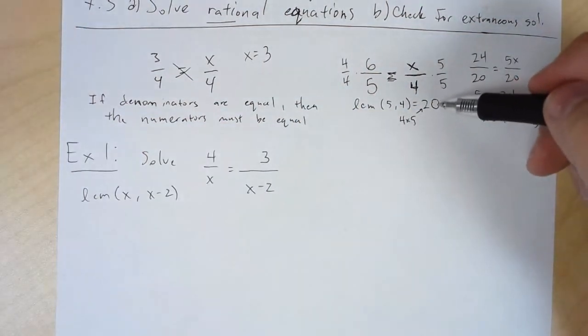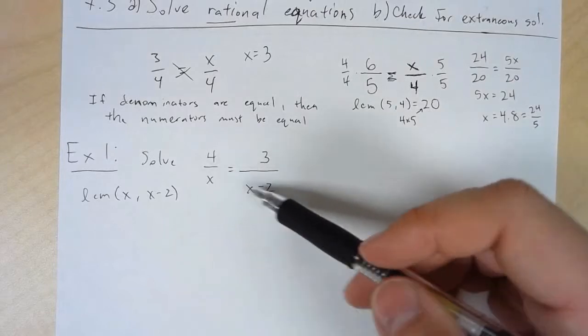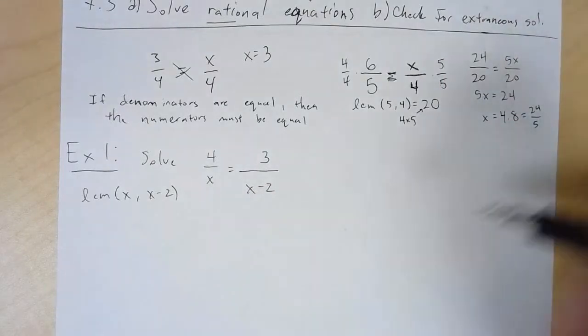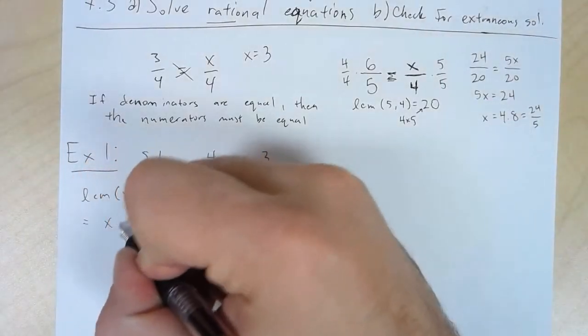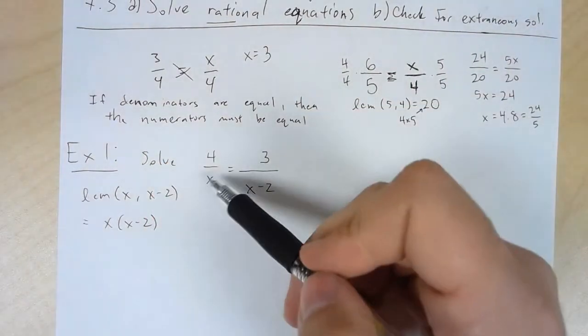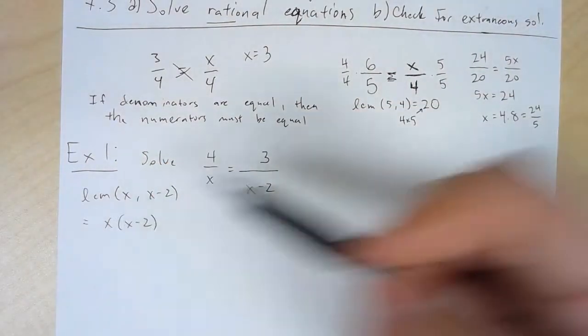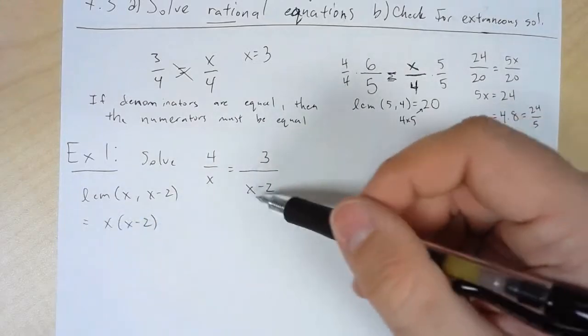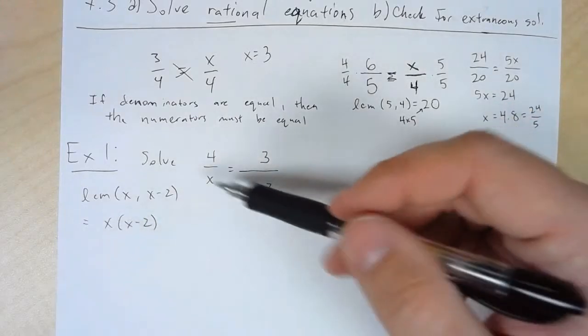If you're like, Mr. Seaman, I have no idea how to find the least common multiple of x and x minus 2, that is fine. We're just going to say the least common multiple is x times x minus 2. I mean, that works. You can multiply x by x minus 2 to get x times x minus 2, and you can multiply x minus 2 by x to get x times x minus 2.